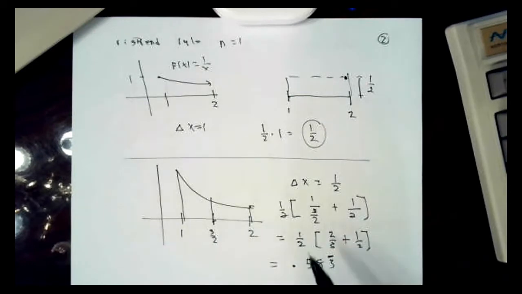My right end rule approximation will be 1/2 times the function value at the right end of this interval plus the function value at the right end of this interval. The function value for the first will be 1 over its right end, 1 over 3/2. The other will be 1 over 2. And after you do the arithmetic, you'll find out that the approximation is 0.58 and then an infinite string of 3s in exact arithmetic.